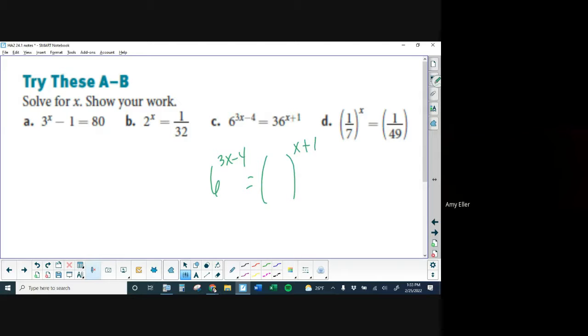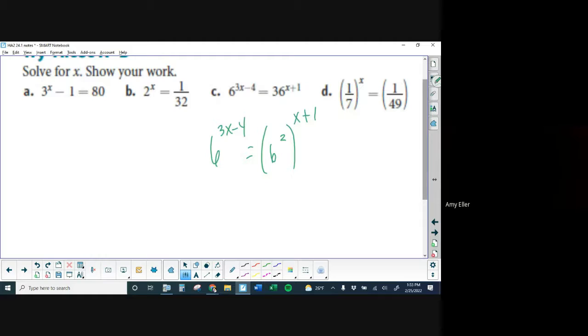So I'm not doing anything with x plus 1. I'm changing the base, which is currently 36, to have a base of 6. So how do I do that? Now multiply the exponents. Well, what do I write here instead of 36? 6 squared. Now they have the same base.